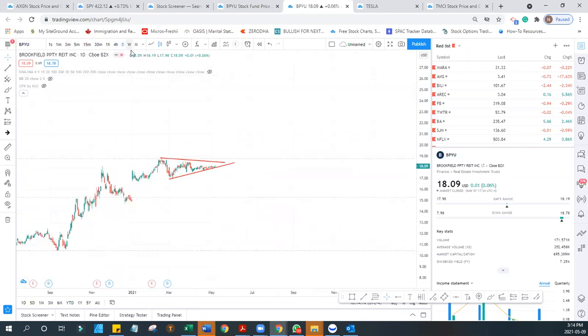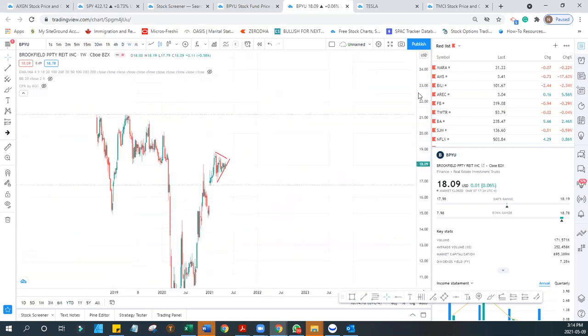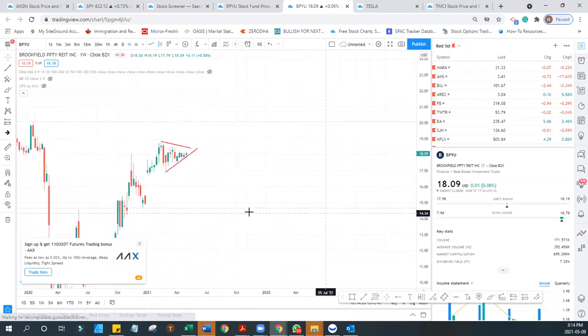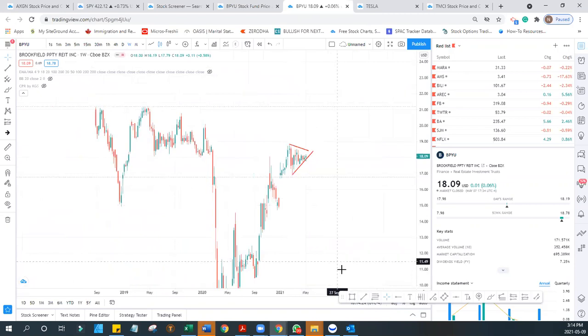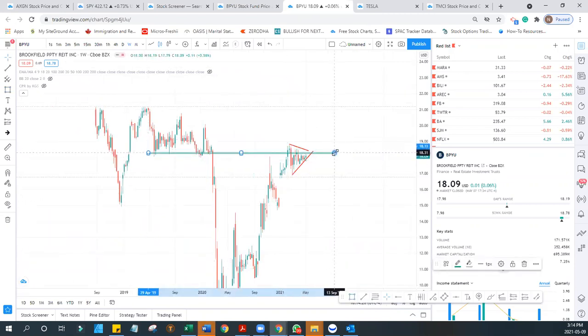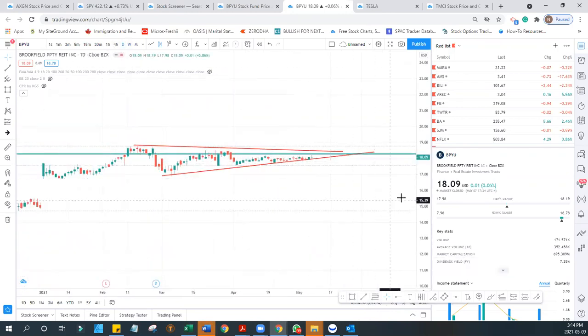On a weekly basis, let's see what the weekly says. Yeah, this is on a good resistance level on a weekly basis too. Like if you see here, it's kind of a good resistance level.